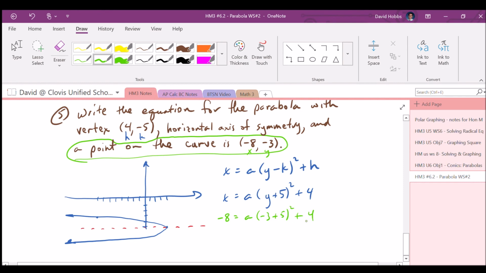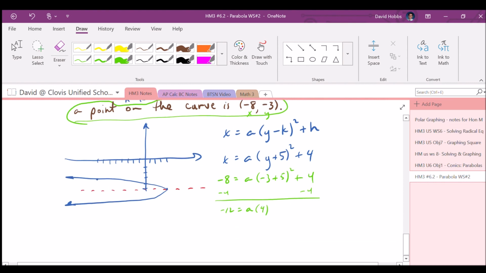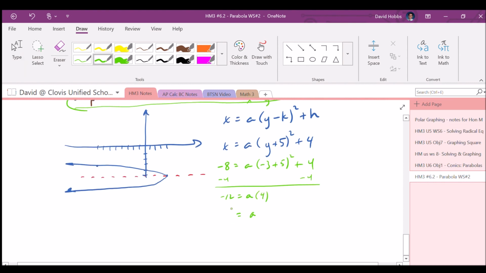Okay, so I'd probably subtract 4 right now. We got negative 12 equals a times, okay, negative 3 plus 5 is 2, squared is 4. And so a is negative 12 over 4, which is negative 3.